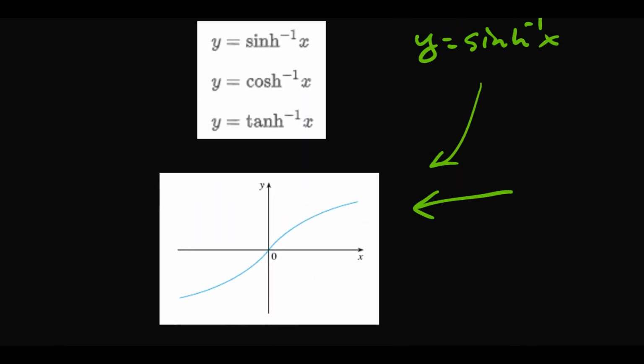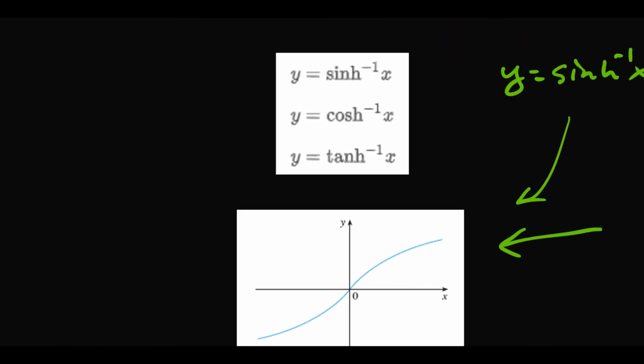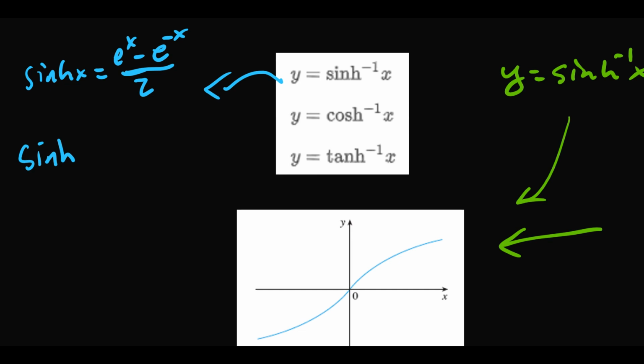Now the inverses of them, if you remember from the last video, hyperbolic sine of x has an e to the x expression in it. So since it involves e, we can rewrite the inverse hyperbolic sine of x using natural log, because it's going to be a natural log expression, okay?